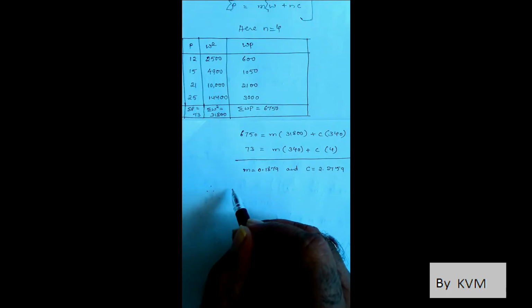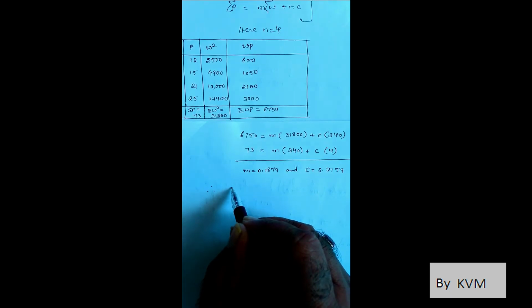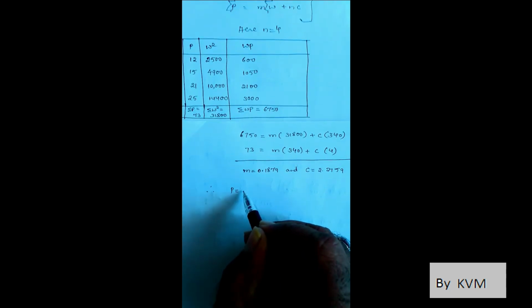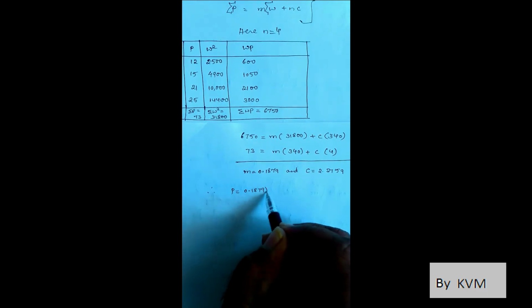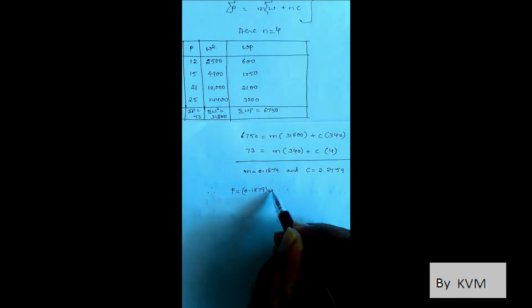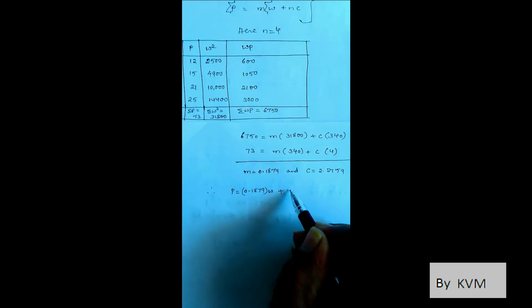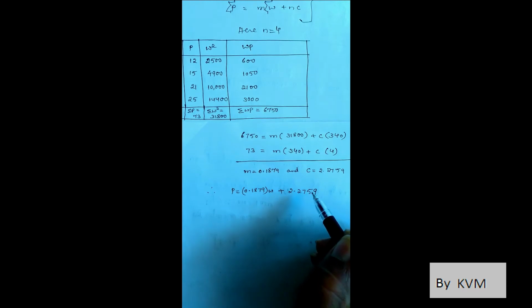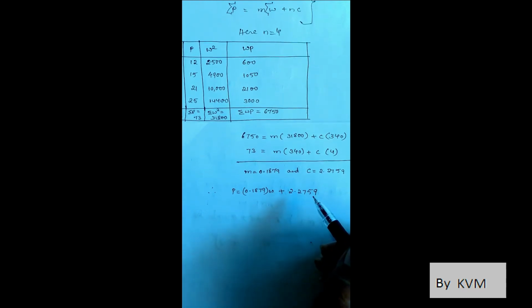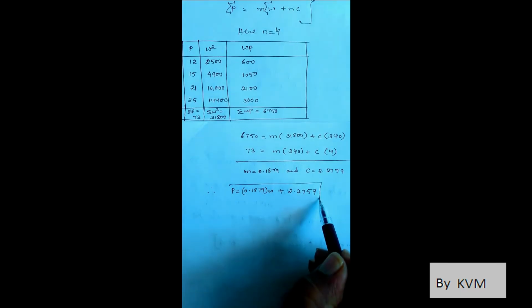Therefore, the linear equation is P equals 0.1879 into W plus 2.2759.